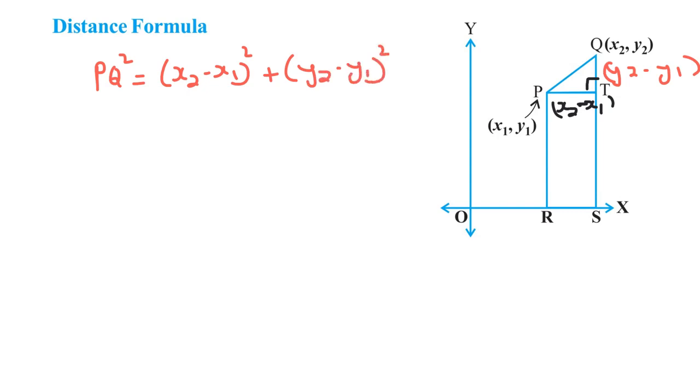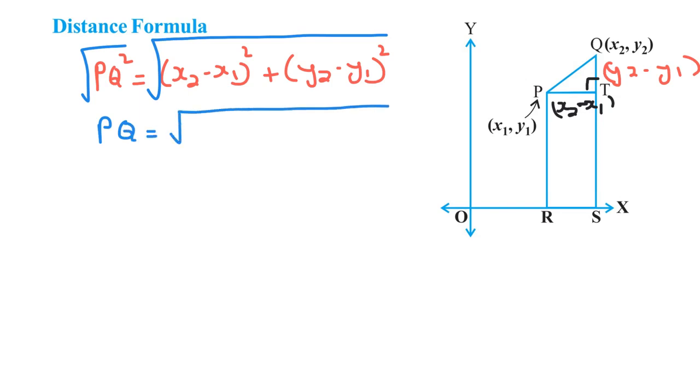If I take square roots on both sides, I get PQ equal to the square root of x2 minus x1 the whole squared plus y2 minus y1 the whole squared. This is the distance between any 2 points on the coordinate plane. This is called the distance formula.